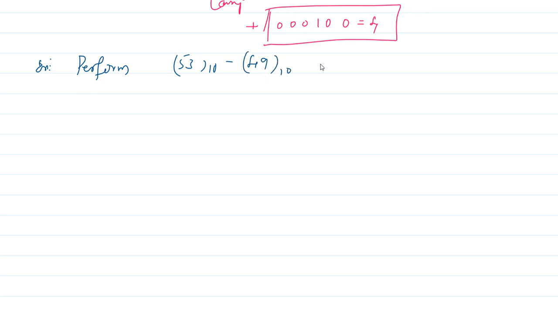If they say using 2's complement, what you have to do here? First you need to convert 53 into binary, 49 into binary, then take 2's complement of the subtrahend, add 1 to it, or add that subtrahend to the minuend, and you will get the result. If carry is generated, you neglect it, the result is positive. That is how we are going to do.